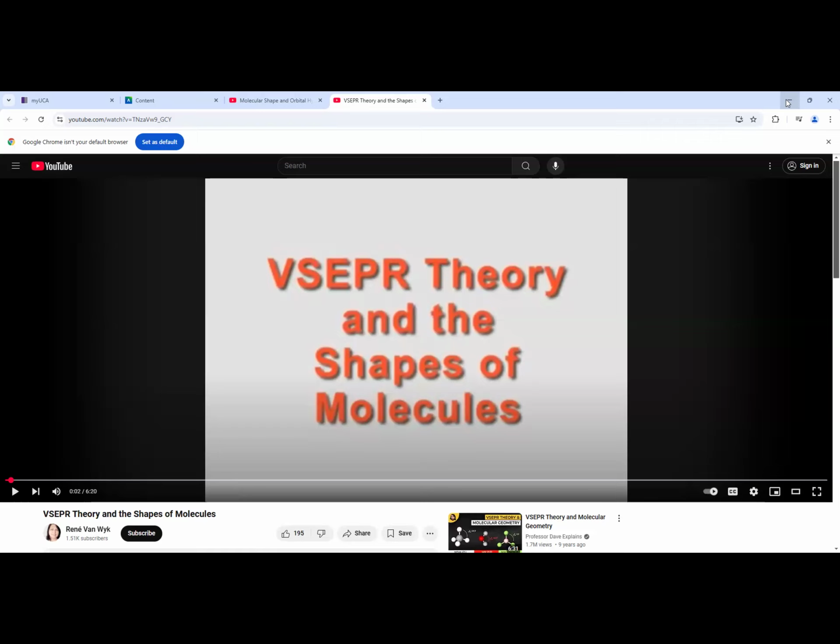Now, when we get to four groups, whether they're bonding or non-bonding, they obtain minimal repulsion in what is referred to as a tetrahedron shape. It is called a tetrahedron shape because if you were to put sides on this structure, there would be four sides. So that's why it is called tetrahedron.